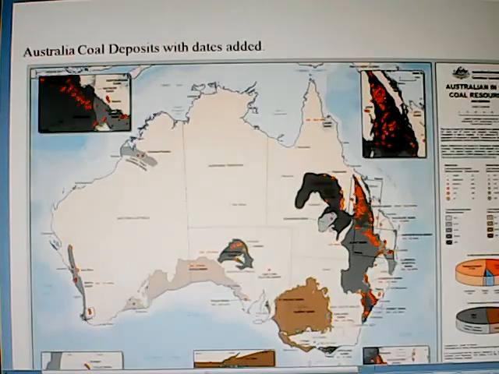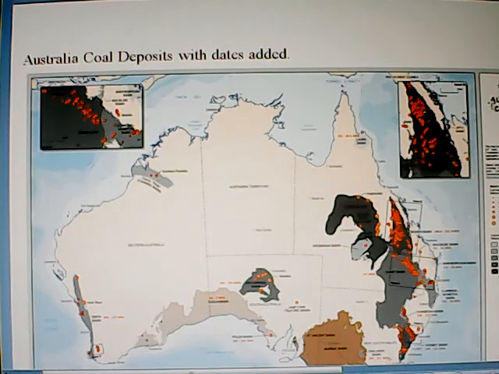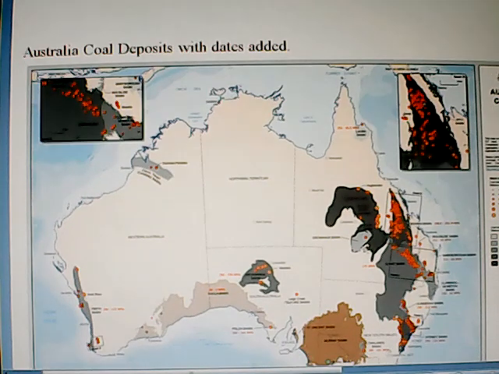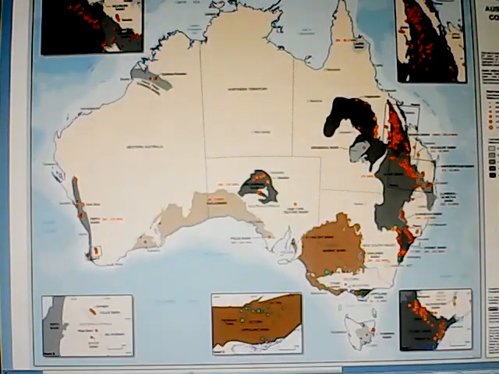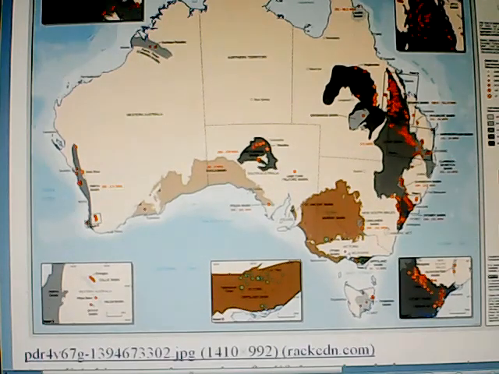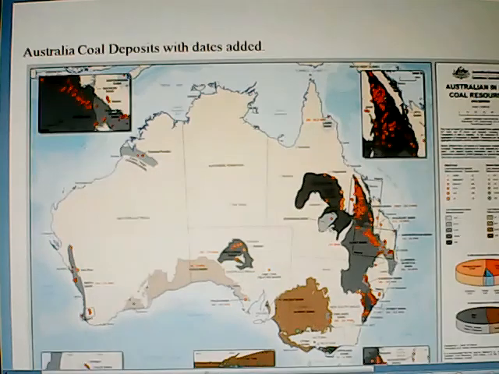The Geological Department of Australia provided pretty good information on their coal deposits, so I was able to add some of the information showing that during the Permian they were making coal there as well.